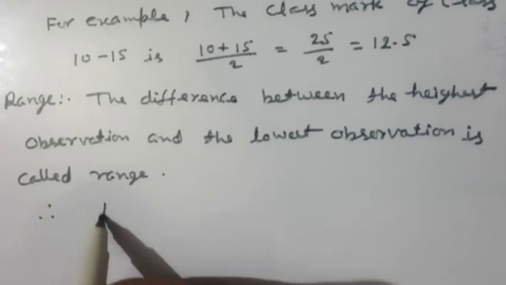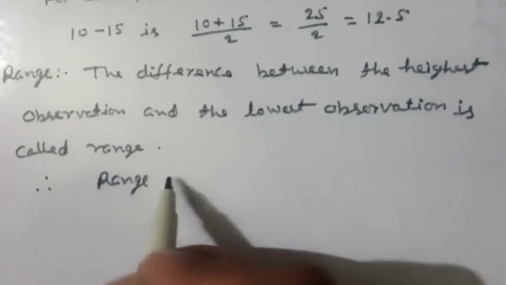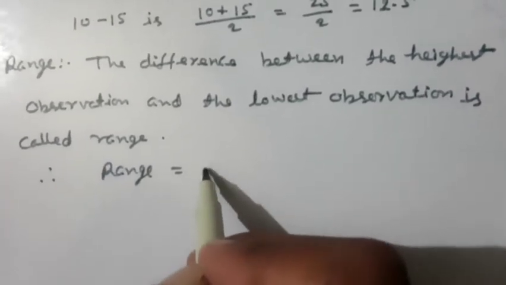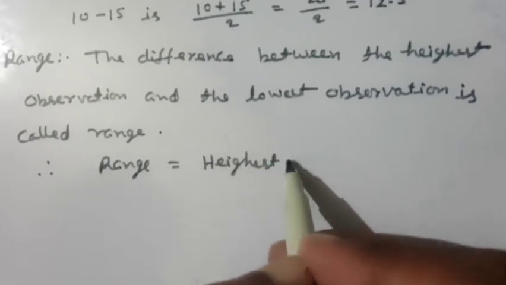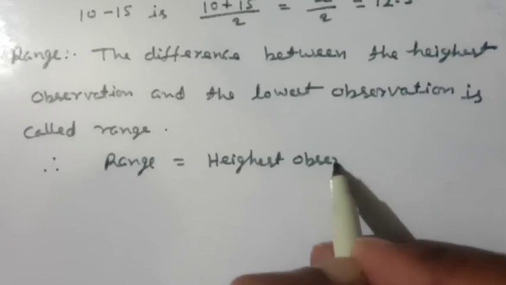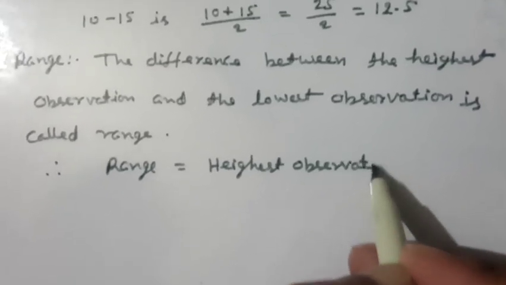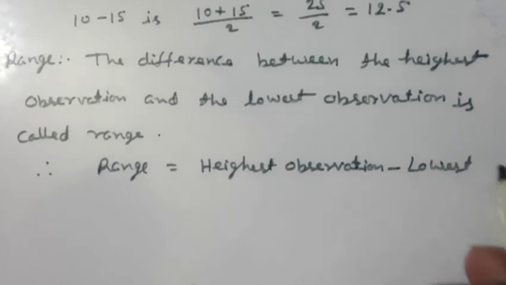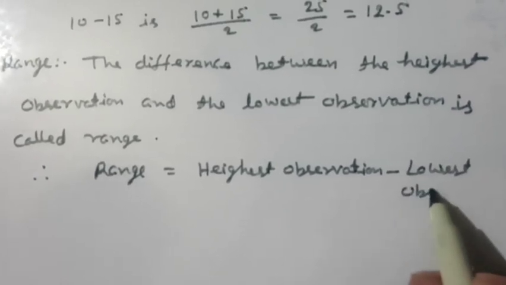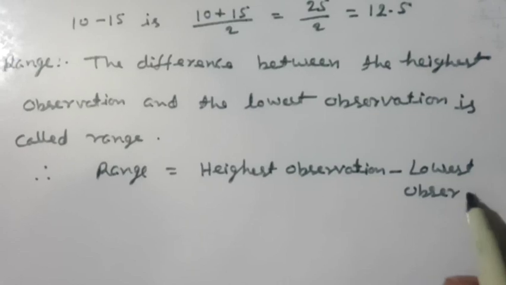So range equals highest observation minus lowest observation.